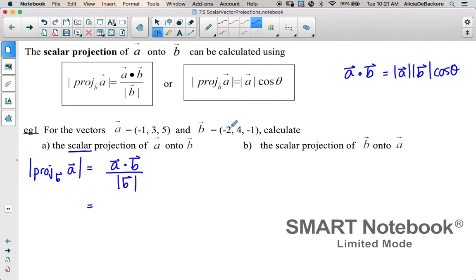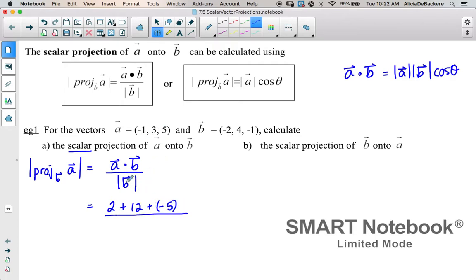I know that to find the dot product of two vectors in component form, I just multiply the matching components together. So I'm going to have -1 times -2. And then I add, multiplying the y values together, I get 12. And then I add, multiplying the z values together, I get -5.